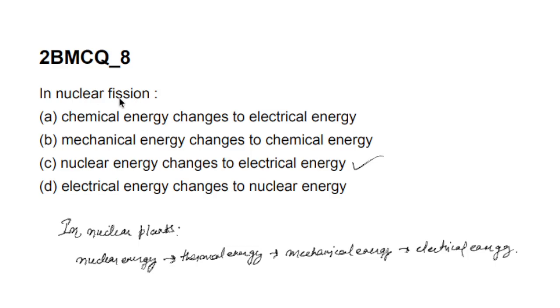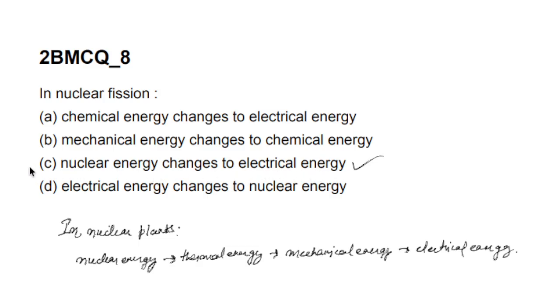In nuclear fission, we break the nucleus. That is what we are talking about, breaking a bigger atom into smaller atoms, and that way we get energy out of it. That is called nuclear energy, and we convert it to heat energy. Then we warm up water with it, generate steam, and move the turbines, and that gives us electrical energy.